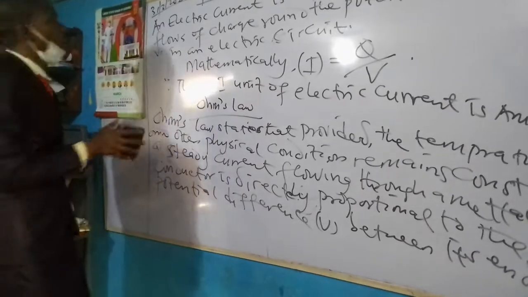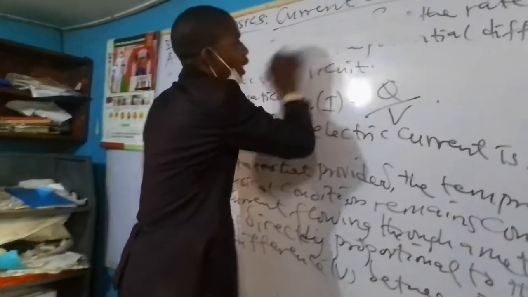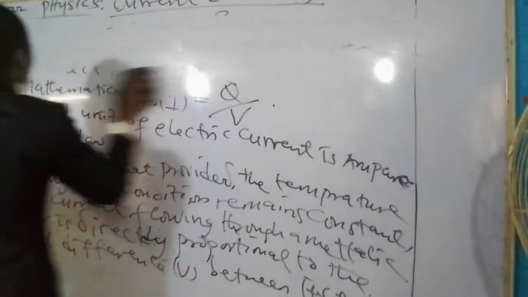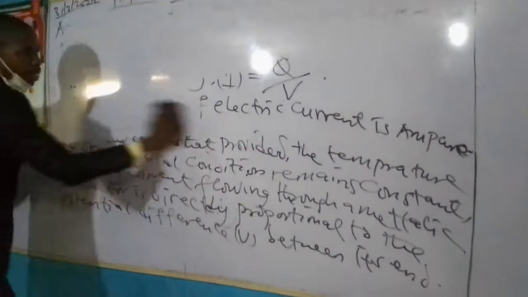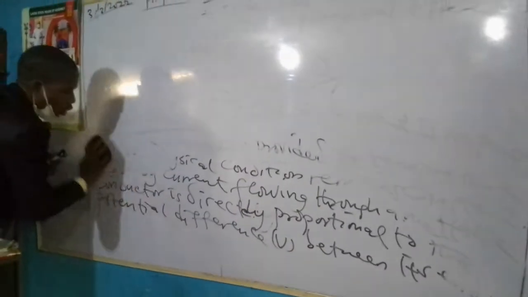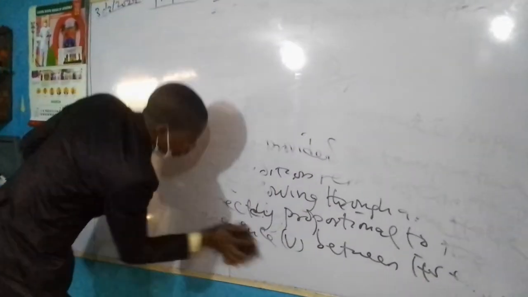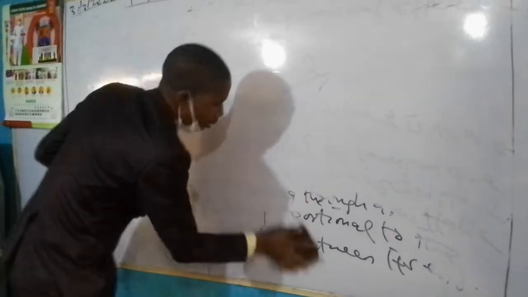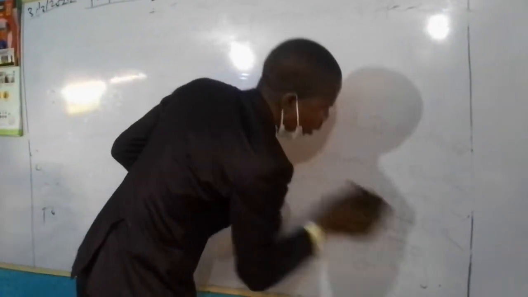So we are going to show the mathematical expression relating to Ohm's law. Mathematically, current I is directly proportional to the potential difference.